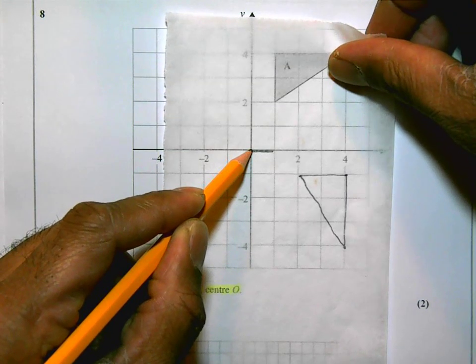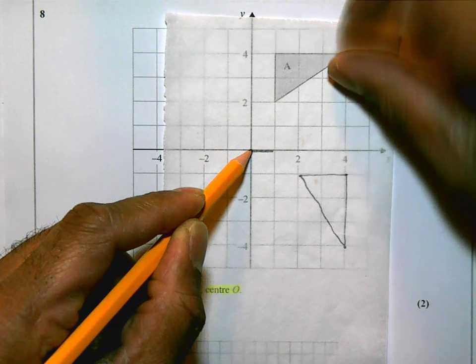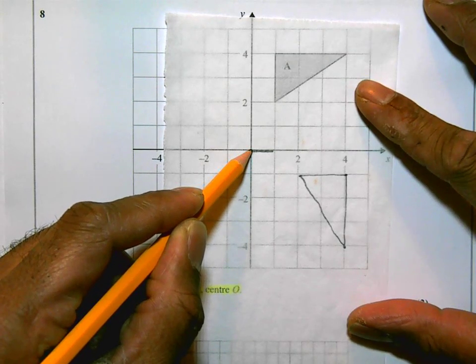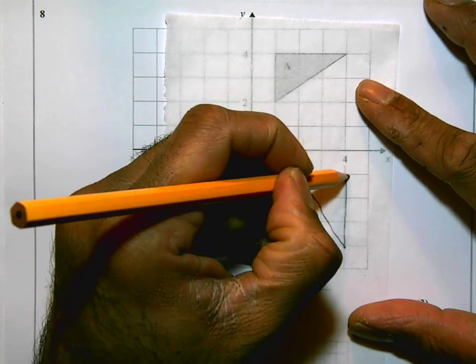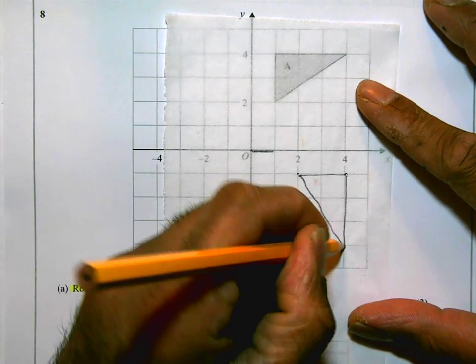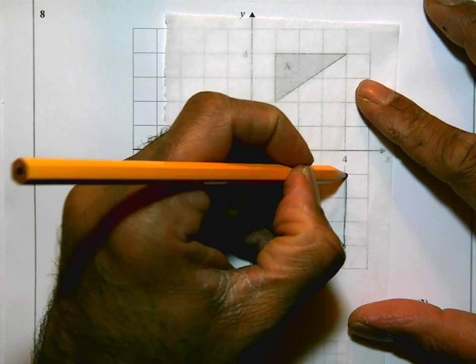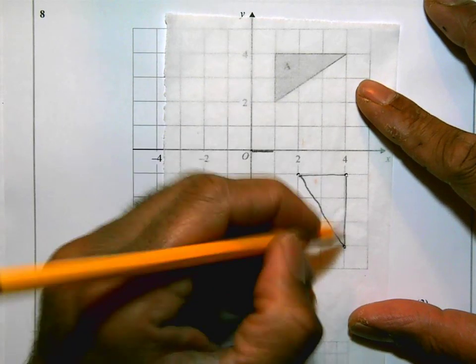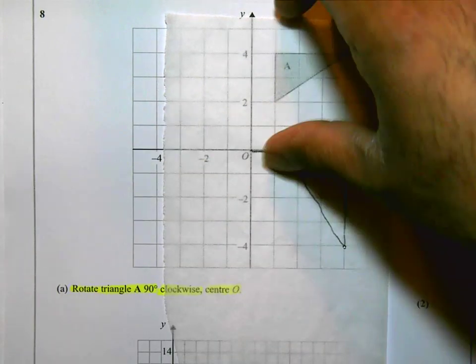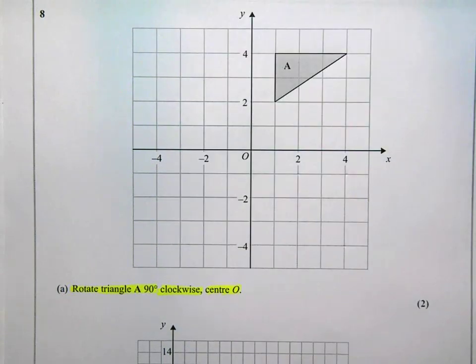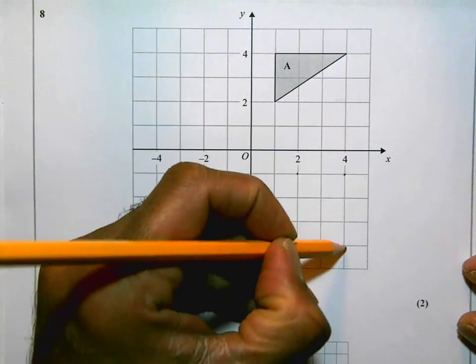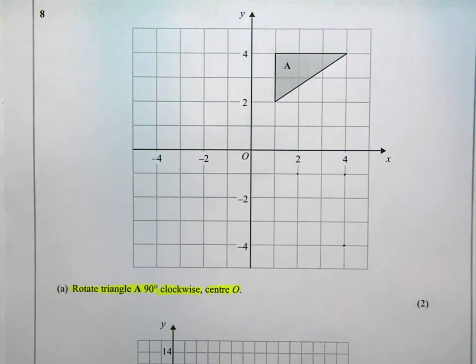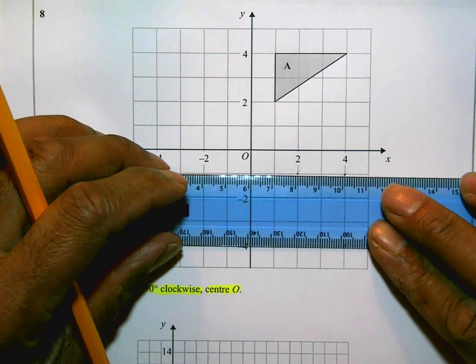And here it is. That is where my answer is going to be. I'm just going to press on those 3 corners, and once I remove it, I can see the dents in the paper at those 3 points. Get your ruler and join them up.